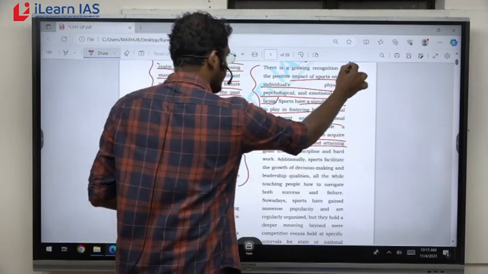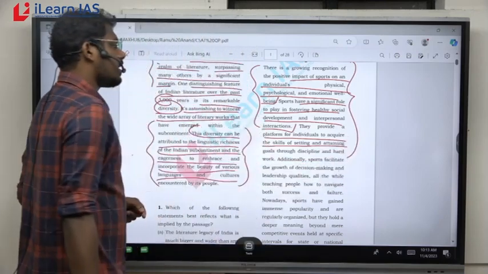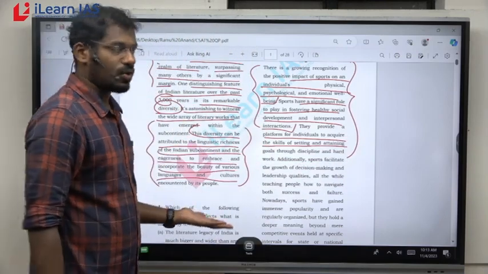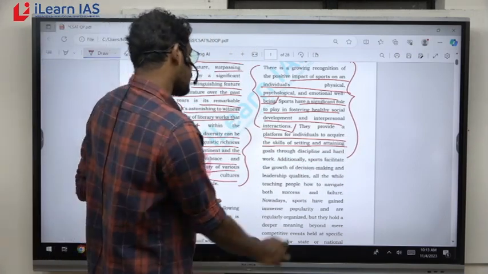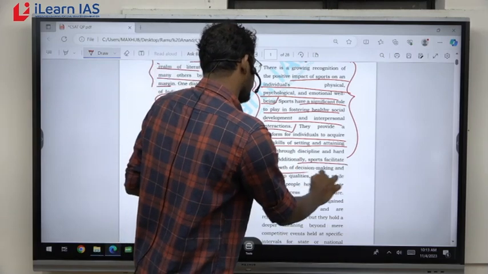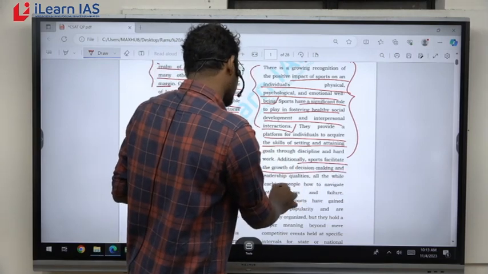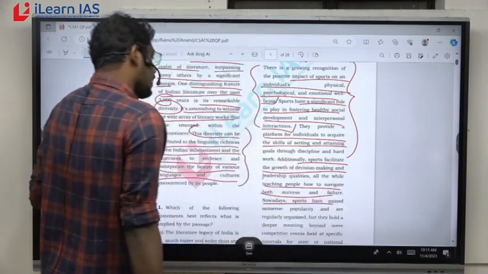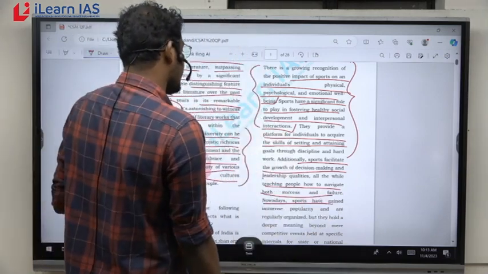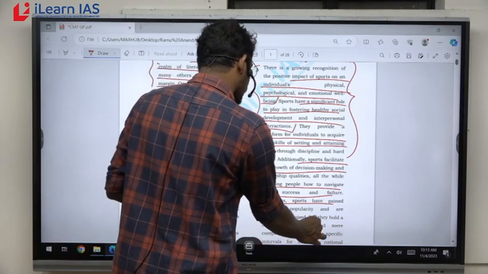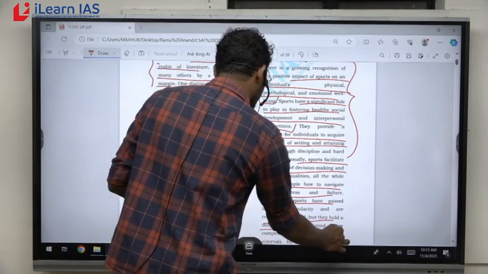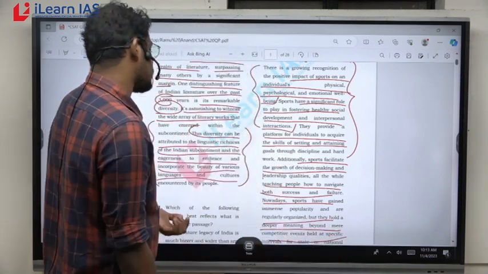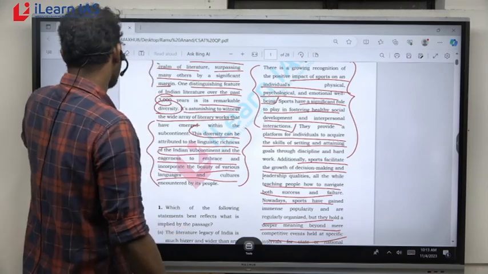So the passage basically deals with the positive impact of sports in life. Additionally, sports facilitate the growth of decision making and leadership qualities, all the while teaching people how to navigate both success and failures. But nowadays, sports have gained immense popularity and are regularly organized, but they hold deeper meaning beyond mere competitive events held at specific intervals for state or national honors.